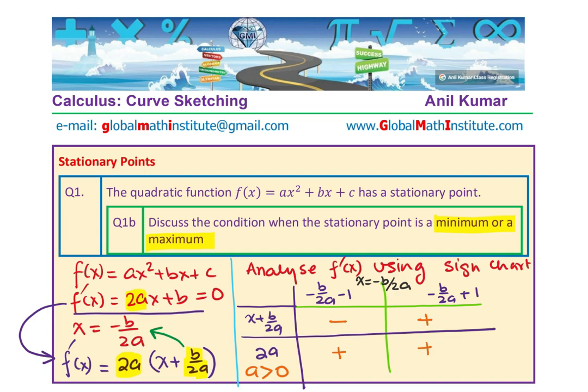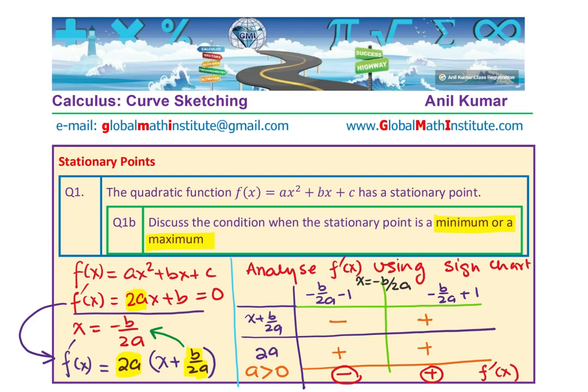So in that case, what happens to the function when you multiply? In this portion, it is negative, and two positives make it positive. So that is what happens to the derivative of this particular function.